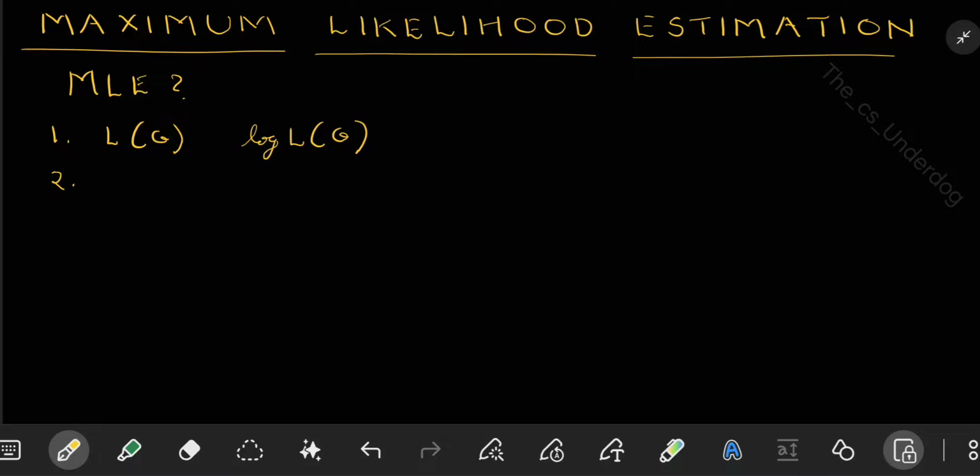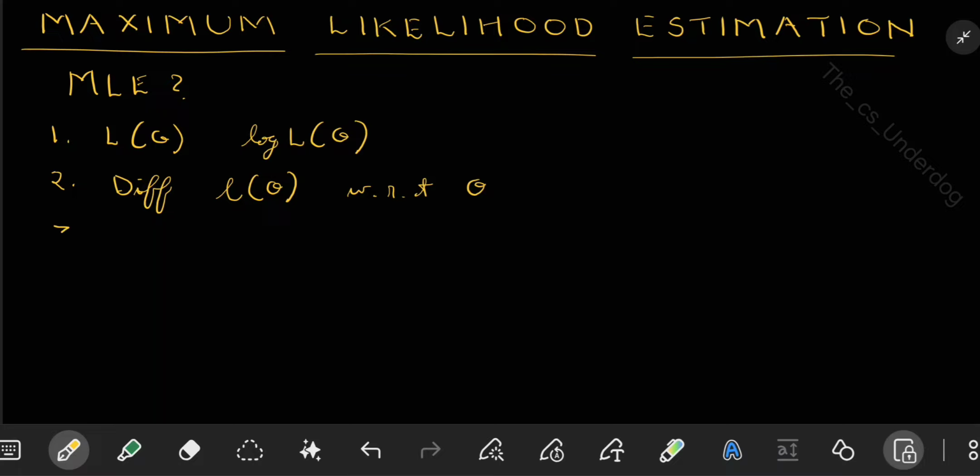What is the second step? You want to differentiate l(theta). Here we'll take the log likelihood. Small l I'm using to show that it is the log likelihood. Differentiate l(theta) with respect to theta, that is del by del theta of l(theta). This is what you're going to do.